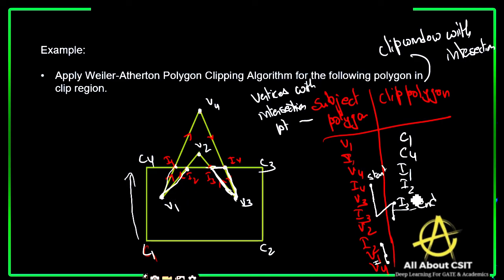Again it has to reach I1, so I1 to I2. This is the end, and it started at I2. So this is another clip window. You got these two.